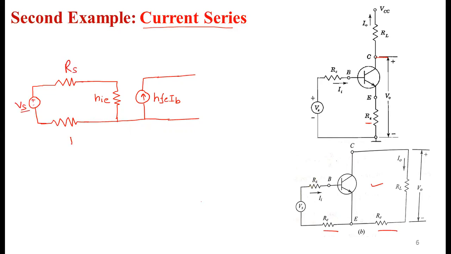RS, RE. And on the output side, first of all, we write here the emitter, here the base, and here the collector. On the output side, we have RL, and here we have RE, and we are taking output across RL.